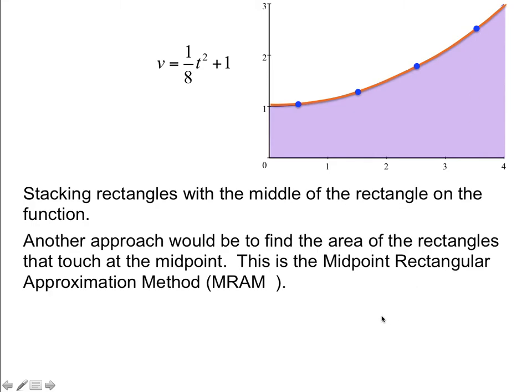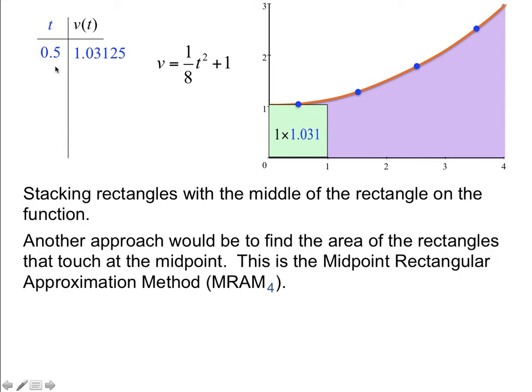Since we're setting up a rectangle that is as tall as what the function is in the middle, we call this a midpoint rectangular approximation, or an MRAM. So this is going to be an MRAM 4. This does require us, though, to find values in between the values that we would see in our table.